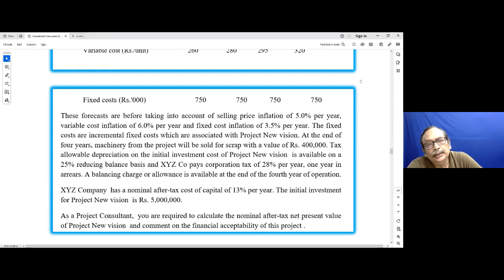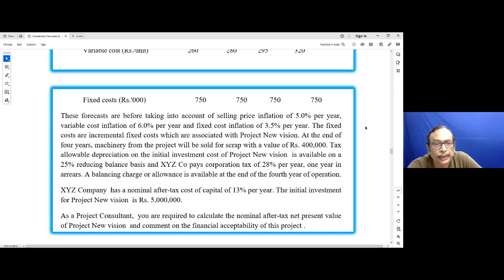Now, these forecasts are before taking into account selling price inflation of 5% per year, variable cost inflation of 6% per year, and fixed cost inflation of 3.5% per year. The fixed costs are incremental fixed costs associated with Project New Vision. Remember, fixed costs are incremental, that is additional fixed costs.